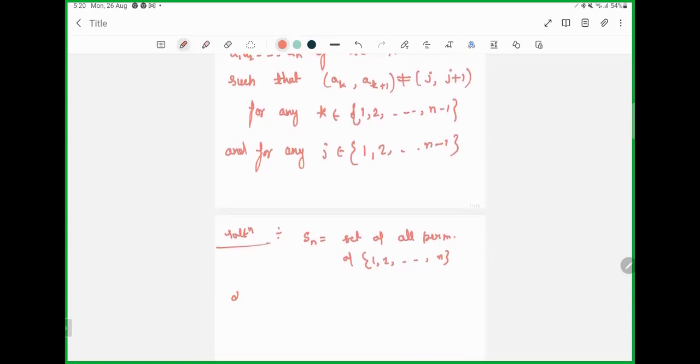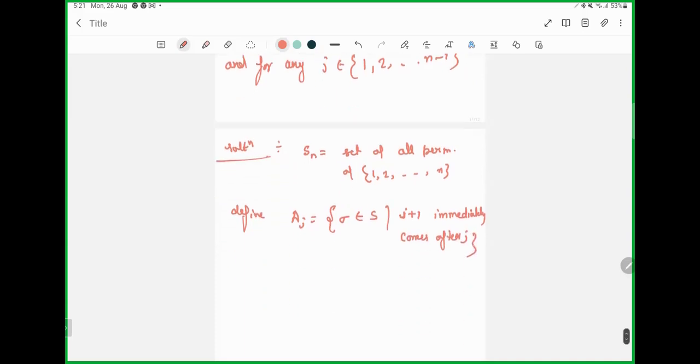So let's define AJ as the set of sigma belonging to S such that j plus 1 immediately comes after j, where j belongs to 1, 2, up to n minus 1.